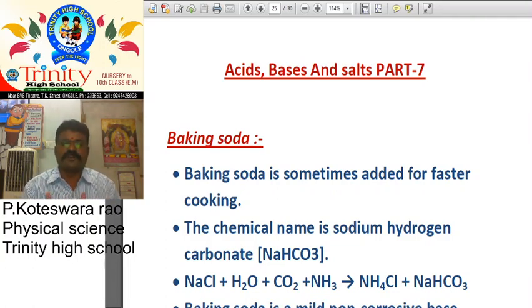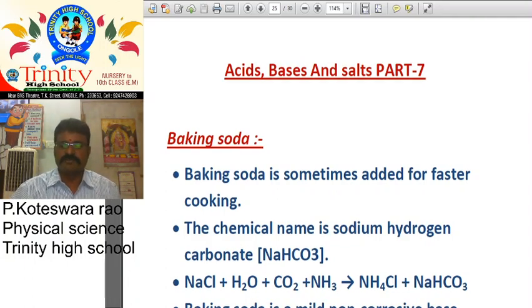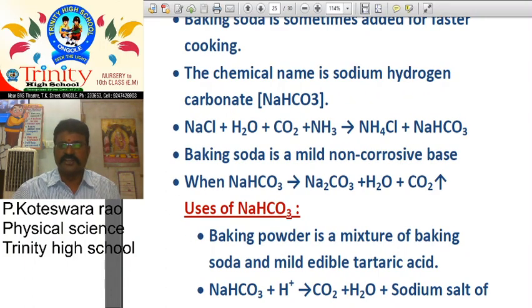Baking soda is used for fast cooking, and the chemical formula is sodium hydrogen carbonate, NaHCO3. How is it prepared? It is prepared when NaCl plus water plus CO2 plus NH3 gives ammonium chloride and NaHCO3.